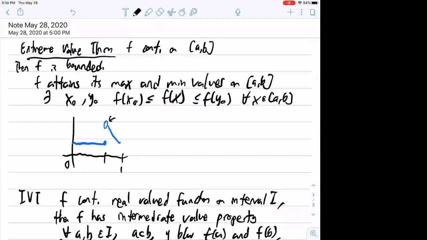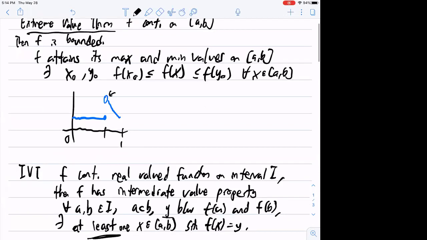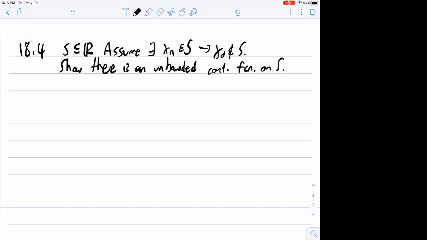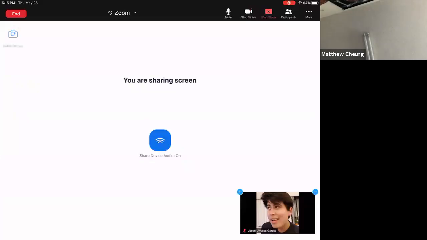By the extreme value theorem, if I'm continuous on a closed interval, I'm bounded, right? So you should think of a continuous function on an open interval that is unbounded. What function on an open interval is unbounded? Name me some. You should know a lot.